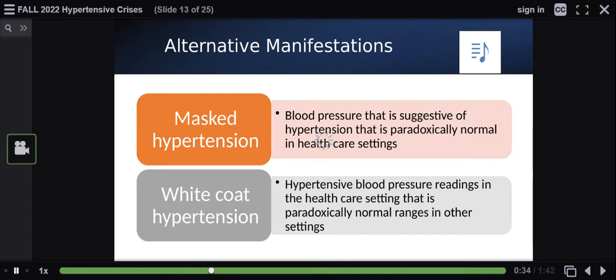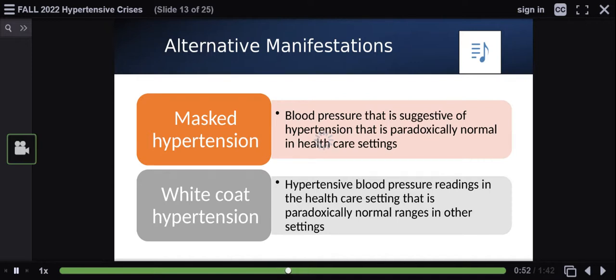They are not only used to confirm the diagnosis of hypertension in most cases, but also to evaluate whether success has been achieved with treatments such as lifestyle modifications and prescription medications. There are also alternative manifestations for patients.